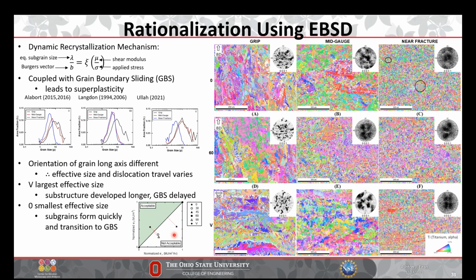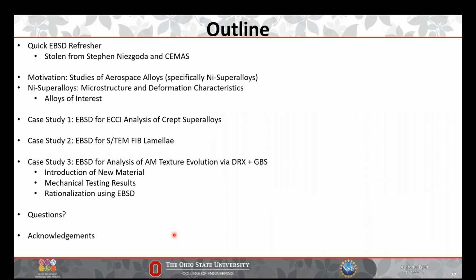So with that, I think I've reached my time. And so just to recap, I've talked about EBSD for 3 different cases: ECCI analysis, and then in parallel using Euler angles, once we have this ECCI analysis, to extract FIB lamellae, which we can basically not tilt very much and we're good for atomic resolution.